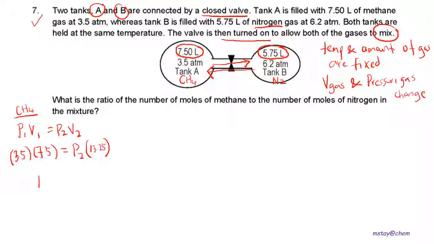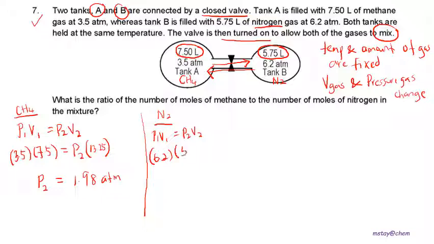So when we press the calculator, the pressure of the methane after the valve is turned on will be equal to 1.98 atm. Repeat the similar step for the nitrogen gas. We're also going to use P1V1 equal to P2V2. When the valve is closed, the pressure for nitrogen gas is 6.2 atm, while the volume is 5.75 liter.